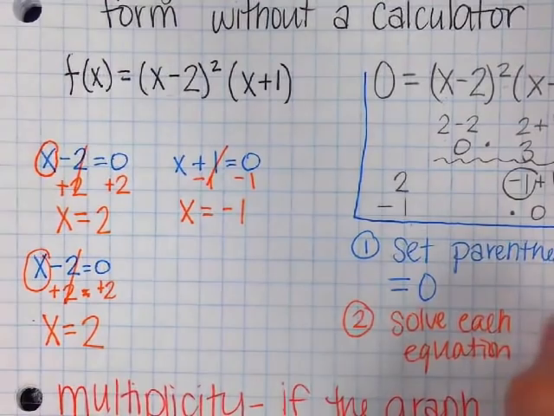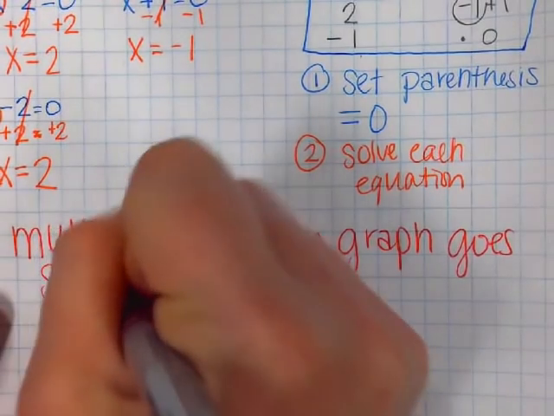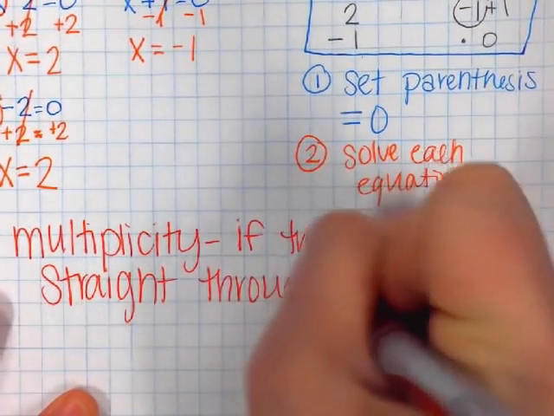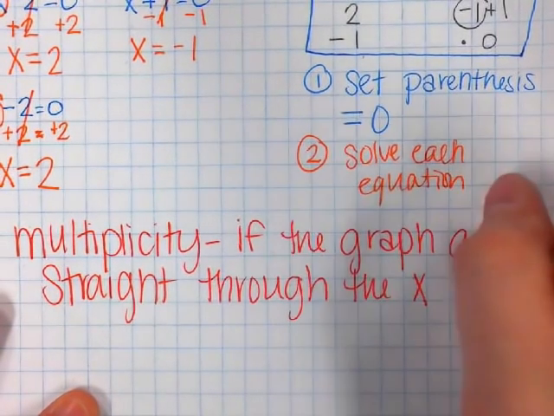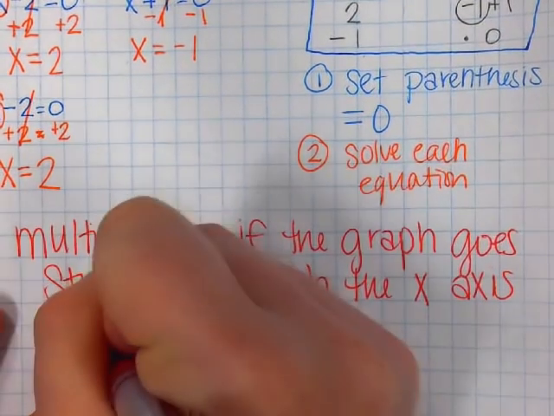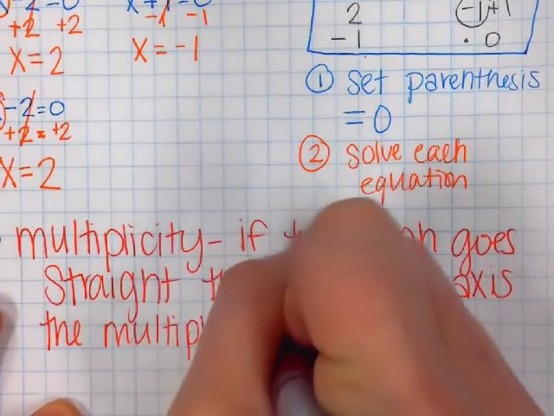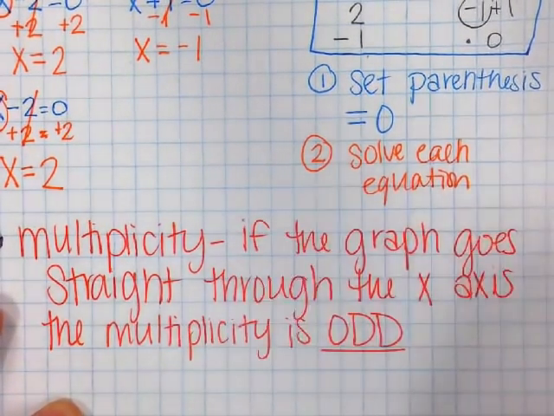Multiplicity: if the graph goes straight through the x-axis, the multiplicity is odd.